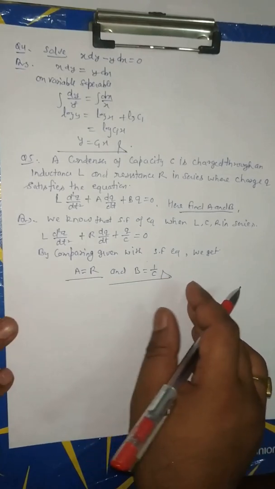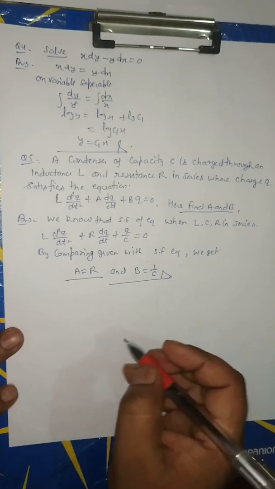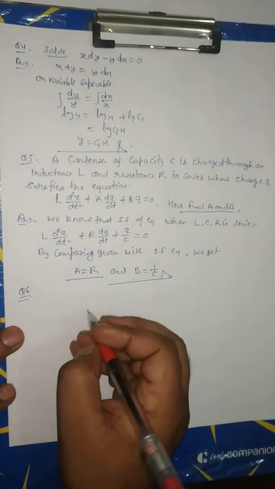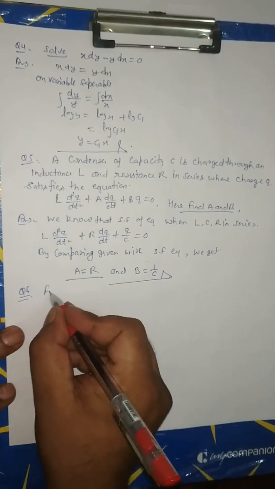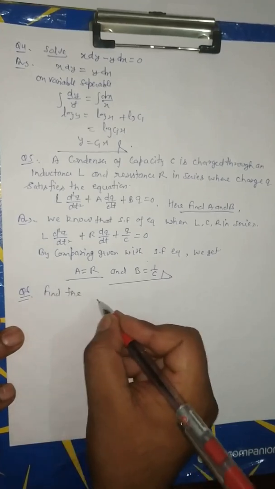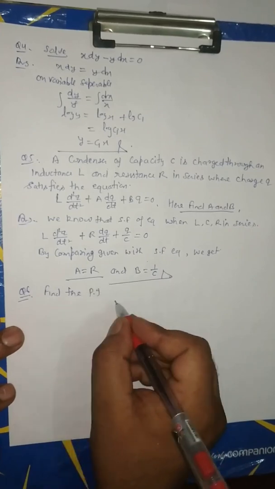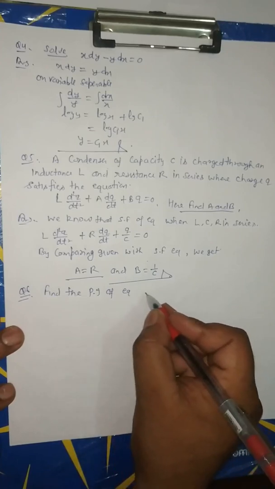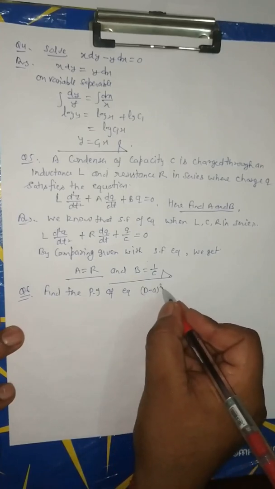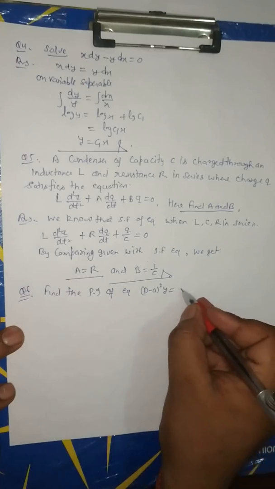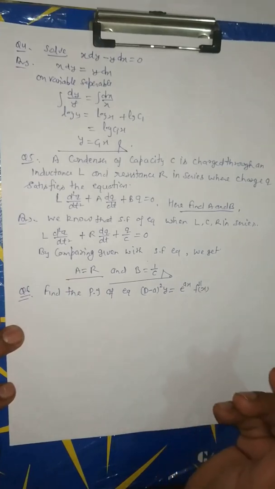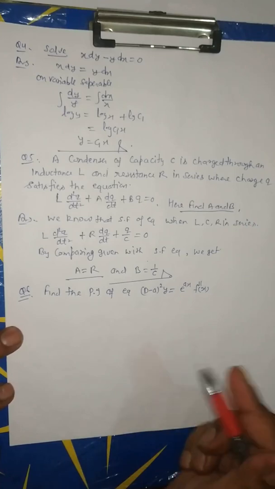Now next question number 6. Find the particular integral, PI, of the equation (D minus a) whole square y equal to e to the power ax f double dash x, where double dash denotes differentiate with respect to x 2 times.